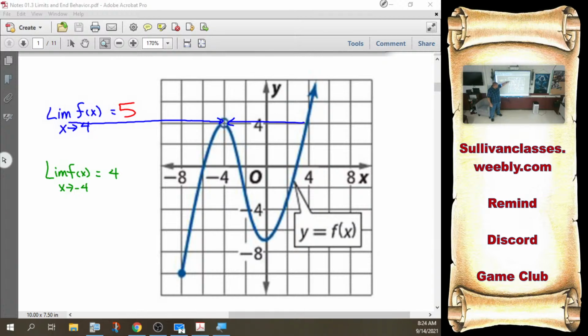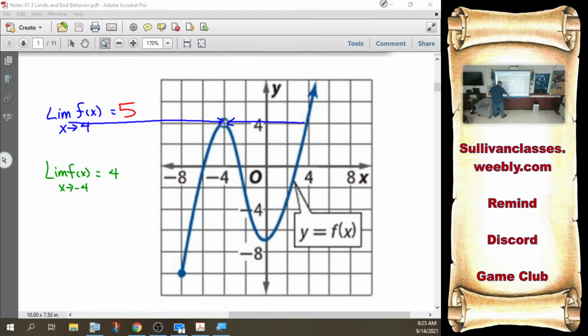As I approach -4 from both sides, this is coming up to 3, 3.5, 3.8, 3.9, 3.9999999 on this side, 3.99999, 3.85, 3.5, 3, 3, 3, right? As I come up to the 4, or -4, my y's are getting really close to 4. Even if it doesn't exist there, I can say what it's getting close to.